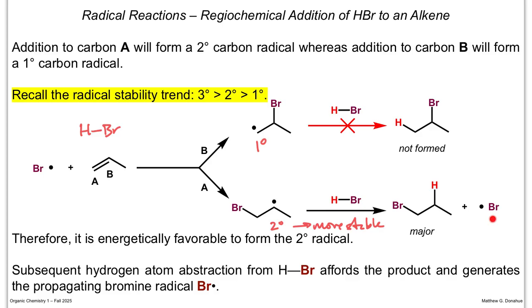And so notice this bromine dot radical. That's the propagating radical that can go back here, react with the second equivalent of your alkene. And so this will continue on till all of the alkene is consumed.